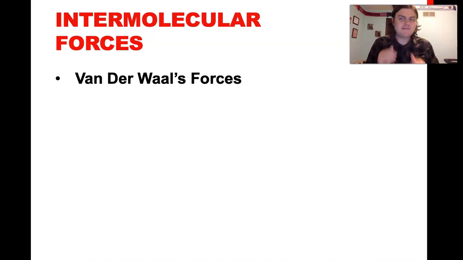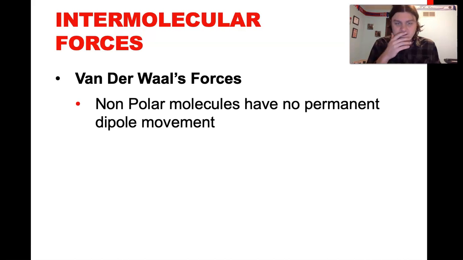We'll probably end up needing to take the longest amount of time talking about van der Waals forces because we're really going to have to break down a few concepts that will help us approach all of these. We'll lay some groundwork with van der Waals, and then it will, I think, help us understand what's going on for the next two when we talk about dipole-dipole and hydrogen bonding.